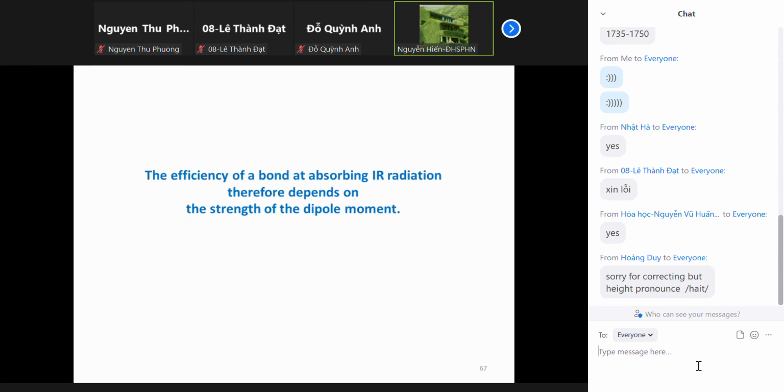And therefore, the efficiency of the bond at absorbing infrared radiation depends on the strength of the dipole moment of that bond.